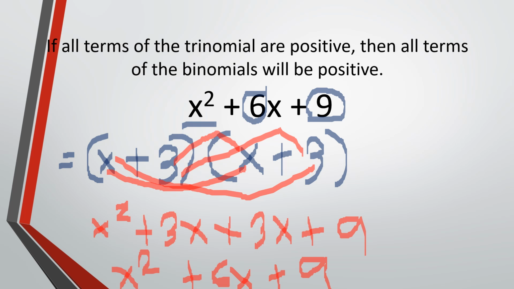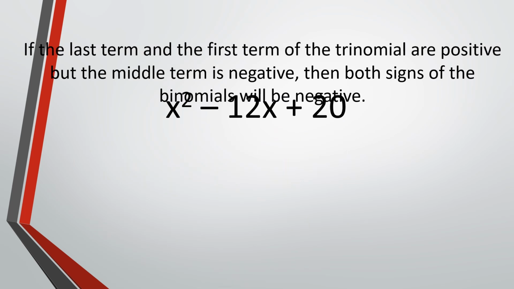Now let's have this one. If the last term and the first term of the trinomial are positive, but the middle term is negative, then both signs of the binomial will be negative. Let's try this. We have x squared minus 20x plus 20.